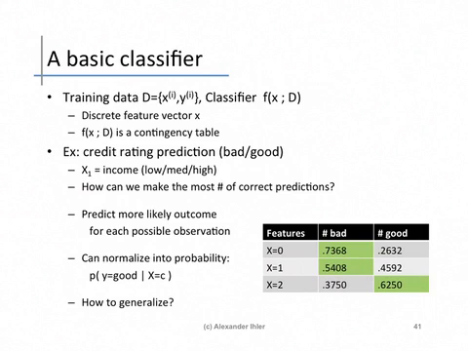Instead of considering the number of training examples, it's often useful to think of this in terms of probability. So if we just normalize each row, we have then the probability that y equals bad given that we observe x equals 0 empirically in the data. So within the data, 73.7% of the time, when we observe x equals 0, we have that y equals bad.